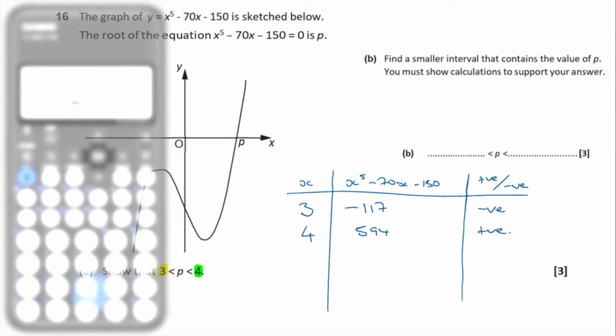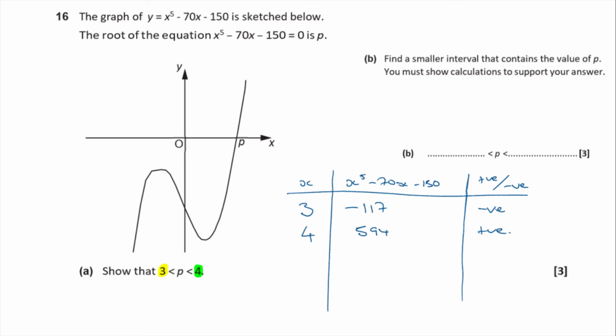It must have been 0 at some point in between. So I'm just going to write that down. It has changed from negative to positive between 3 and 4, so P must lie in between.